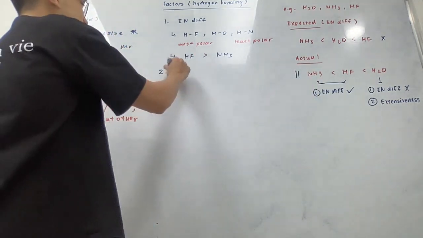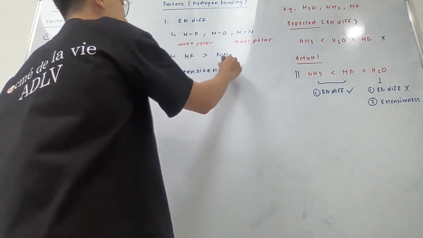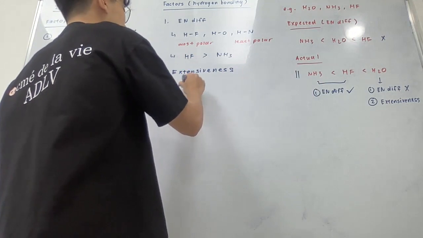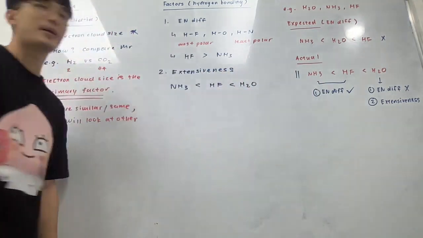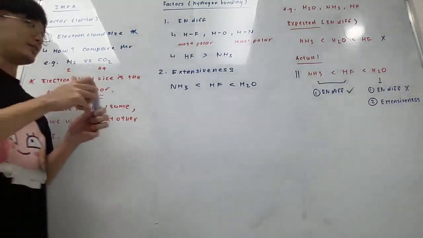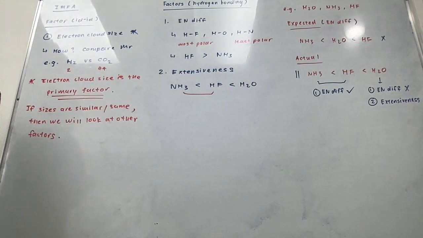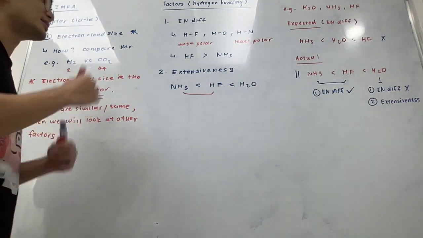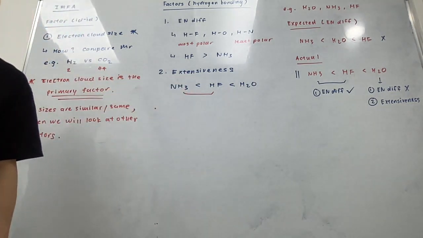To discuss the second factor of extensiveness, I'm just going to copy out the same 3 guys. Let's explain why the melting points are as such. Perhaps the first thing we want to explain is this one, because this one we already learned. It's the first factor that we have discussed earlier. What's the first thing you need to tell me when you explain these 2?